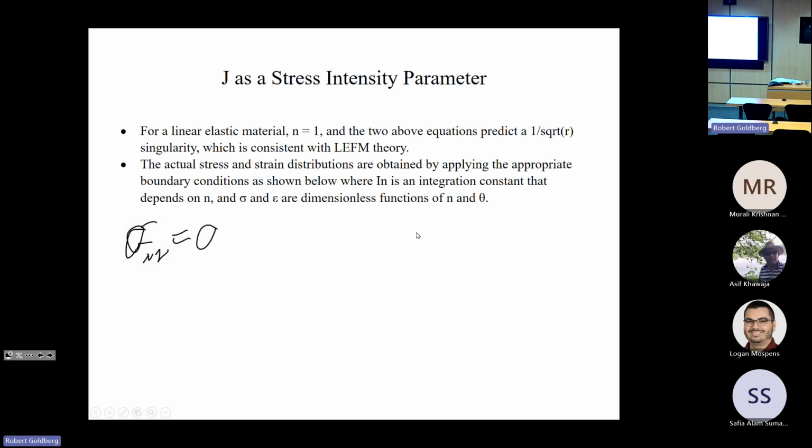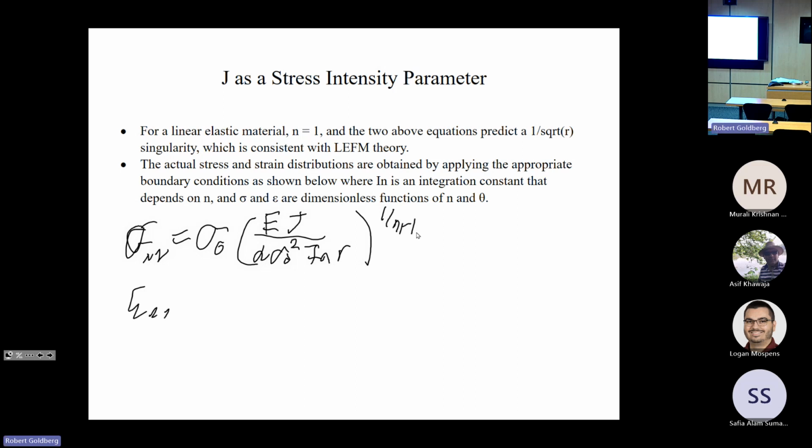So for the actual stress and strain distributions, you apply appropriate boundary conditions, and you get that your stresses are equal to sigma 0 times the square root of J over alpha sigma naught squared In times r, all to the 1 over n plus 1 power.